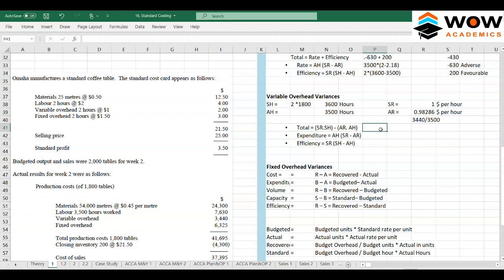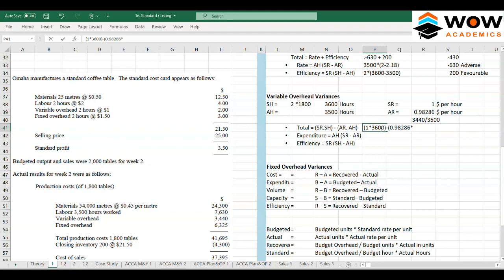We need SR. SR is 1 into SH. AR: actually after the decimal you can take 3 numbers, that's more than enough, but we'll get the right answer, because sometimes they would have taken all the numbers.